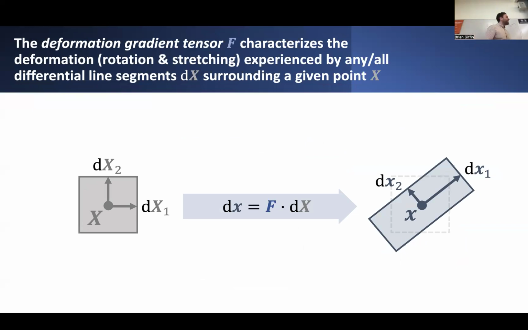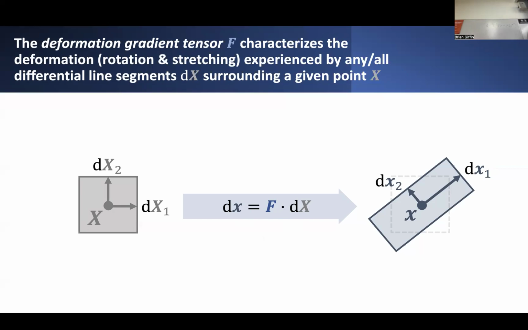If I had some initial line segment dx1, the relationship to this corresponding line segment, the lowercase x1, is established through precisely this relationship involving this deformation gradient quantity. It's a matrix. I multiply it by this differential line segment represented as a vector, and I get a new vector that is potentially rotated and also potentially scaled.